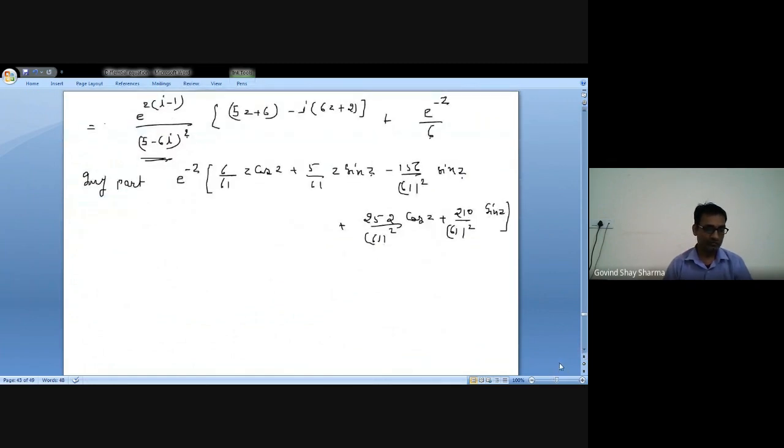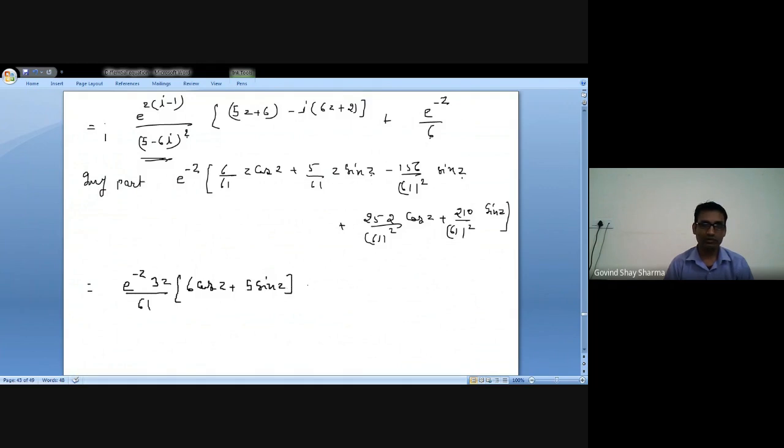So this will become, we can put, by solving that, D as 3z upon 61 (6 cos z plus 5 sin z).